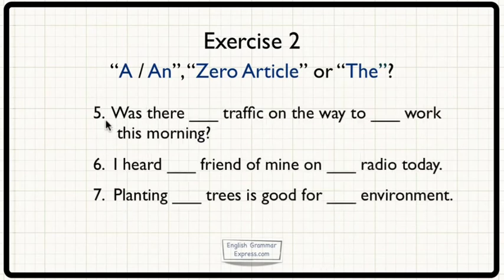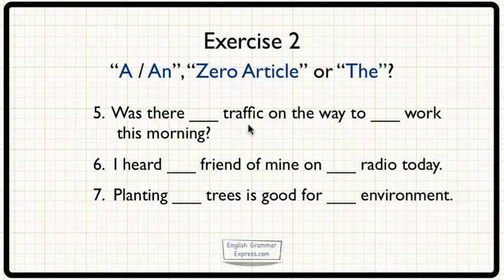Sentence number 5 now. Was there something traffic on the way to something work this morning? Well, let's start with traffic. Traffic is uncountable, which means we can either use zero article for talking generally or the for talking about it in particular. So the next question is, is this traffic general or particular?